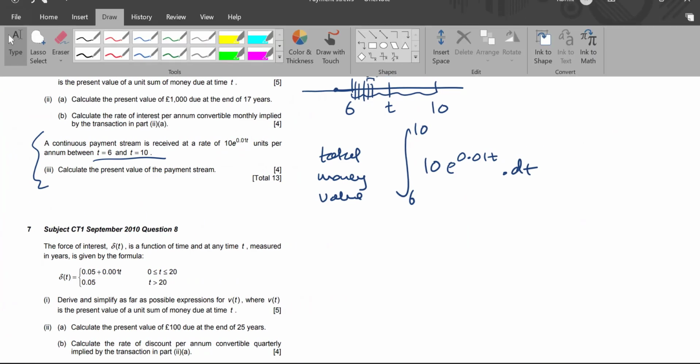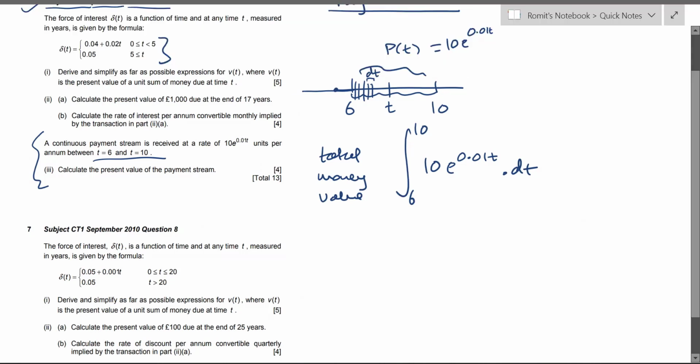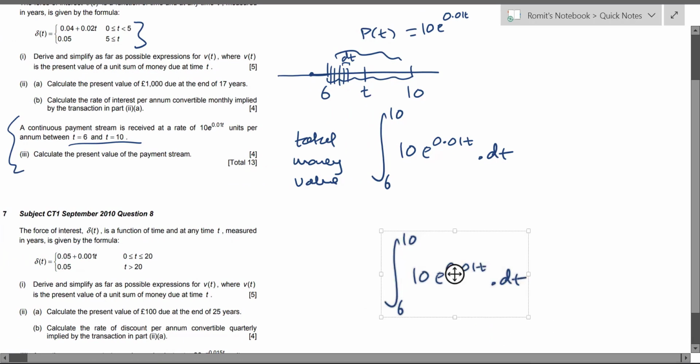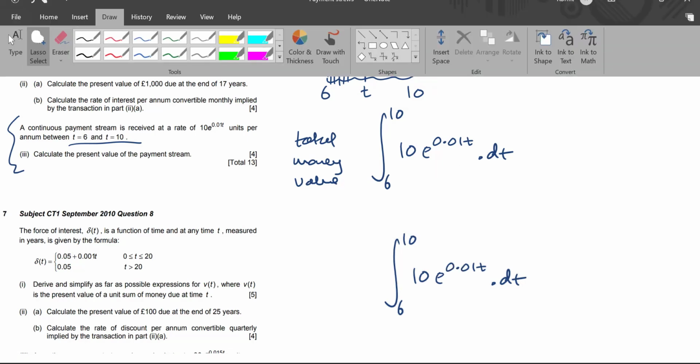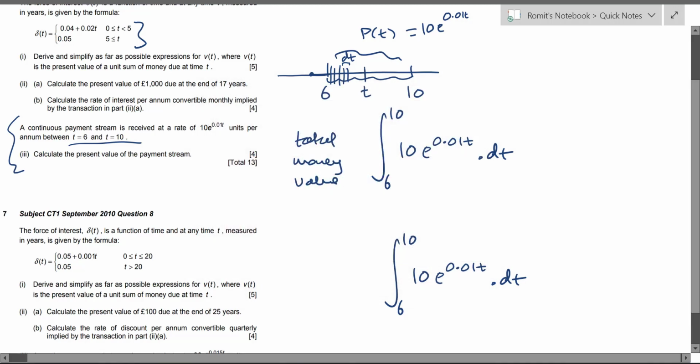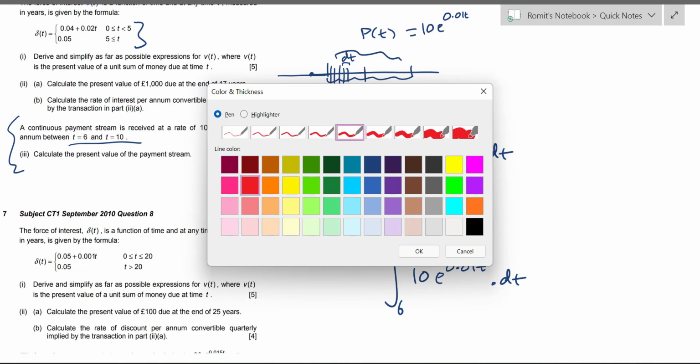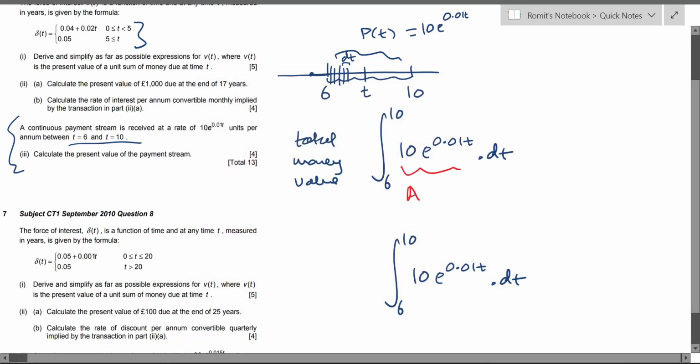Now what I want to calculate here is the present value of the payment. This is not the present value. I am just taking a small period of time and saying that the payment will be 10 e to the power of 0.01t times dt, because this is the annual rate of payment and this is the small period of time dt.